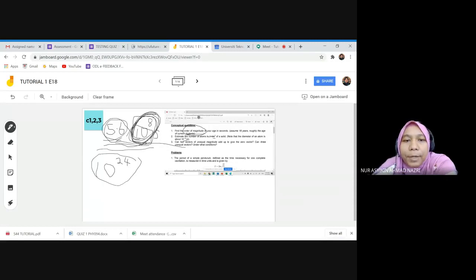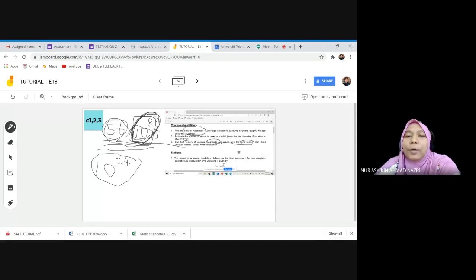Alright, question number 3. At first, for the first case, they ask whether two vectors of unequal magnitude can add up to give a zero vector.